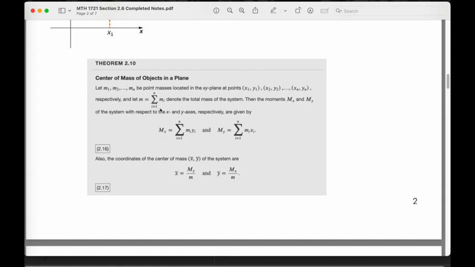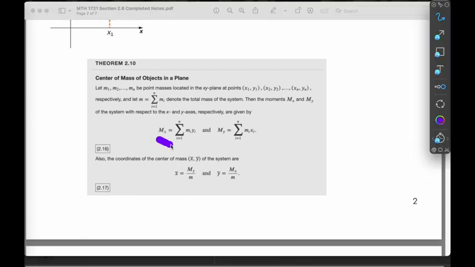So as normal, you are going to find your total mass by adding up all the masses. But then to find your moment about the x-axis, you're going to take all of your masses and multiply them by the corresponding value of y. Then to find your moment about the y-axis, you're going to take all your masses and multiply them by the corresponding value of x.